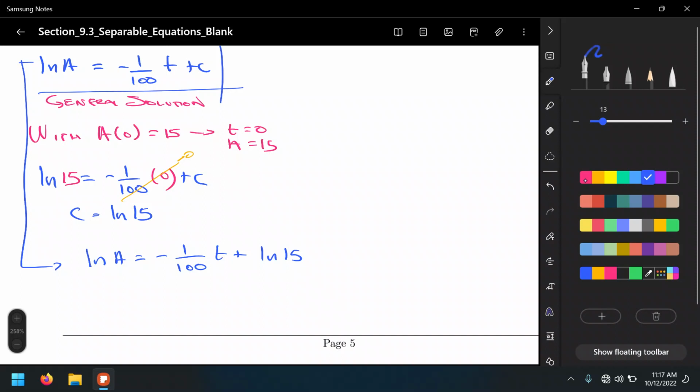So we can solve for A by exponentiating both sides. However, be careful on the right hand side. Recall that this exponentiation affects both terms. On the one hand, we will cancel the ln with the exponential.